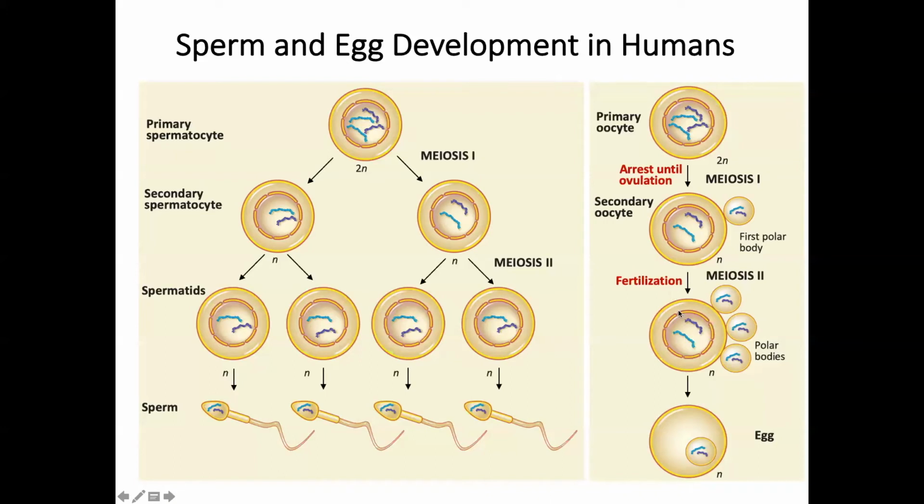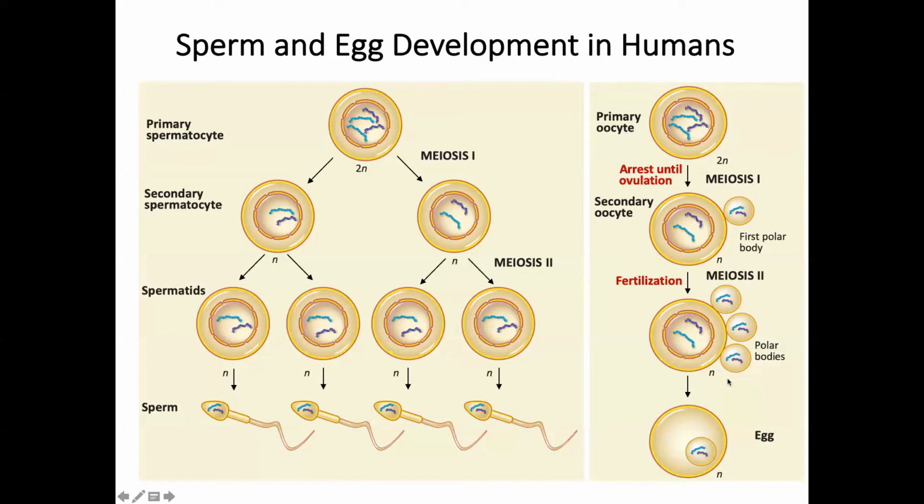Again, another uneven division occurs, and this time the secondary oocyte produces one egg and another polar body, while the first polar body also divides into 2 daughter polar bodies, although they are tiny.